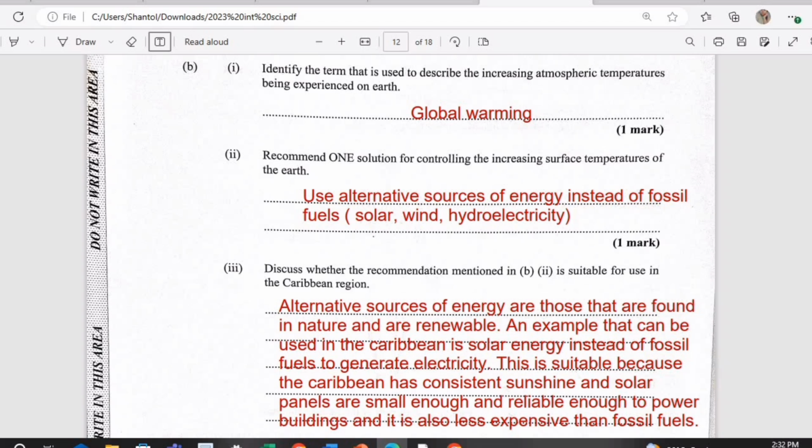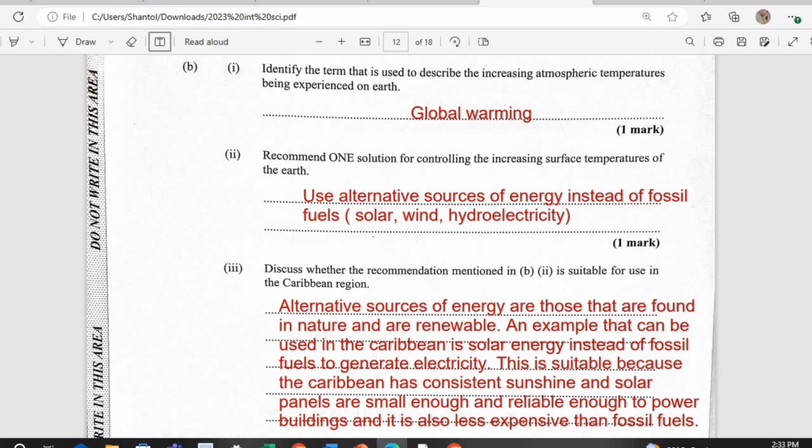So if you mentioned some kind of alternative source of energy, maybe you didn't mention solar and wind come to mind, all you have to do is just state how Caribbean countries are always abundant in a lot of wind and breeze, and we have a lot of mountains, so we know we can build turbines up high to harvest that wind energy.